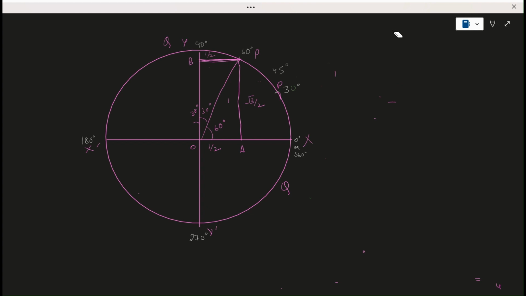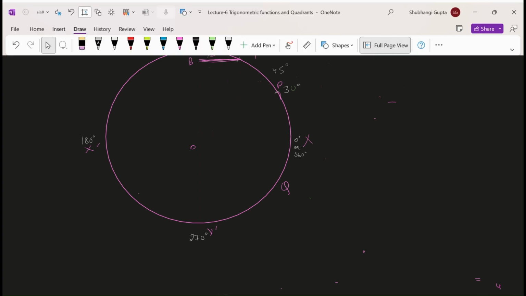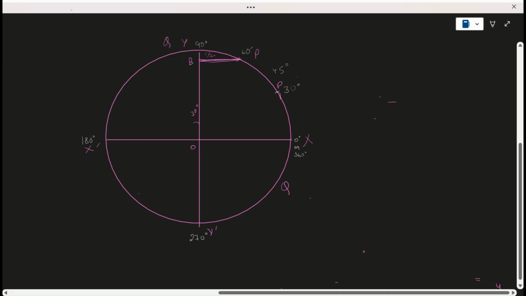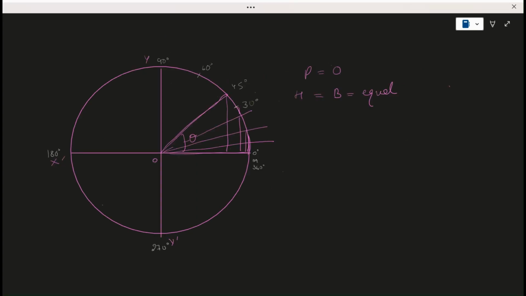So let me remove the unrequired construction. Therefore, let this be a 1 unit value. Now sine 0, that is perpendicular upon hypotenuse, is 0. Cos 0, that is base upon hypotenuse, is 1.